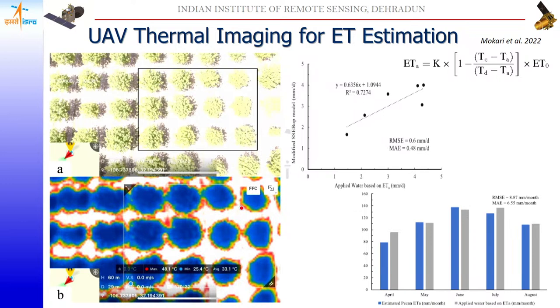They chose the thermal imagery of the particular area and compared the applied water-based evapotranspiration with the modified SEB model-based evapotranspiration rate, and they found a very precise correlation between actual evapotranspiration and the remote sensing based evapotranspiration. So UAV thermal imaging based evapotranspiration results give you very precise observation about the rate of evapotranspiration, and accordingly you can apply water at the farm.